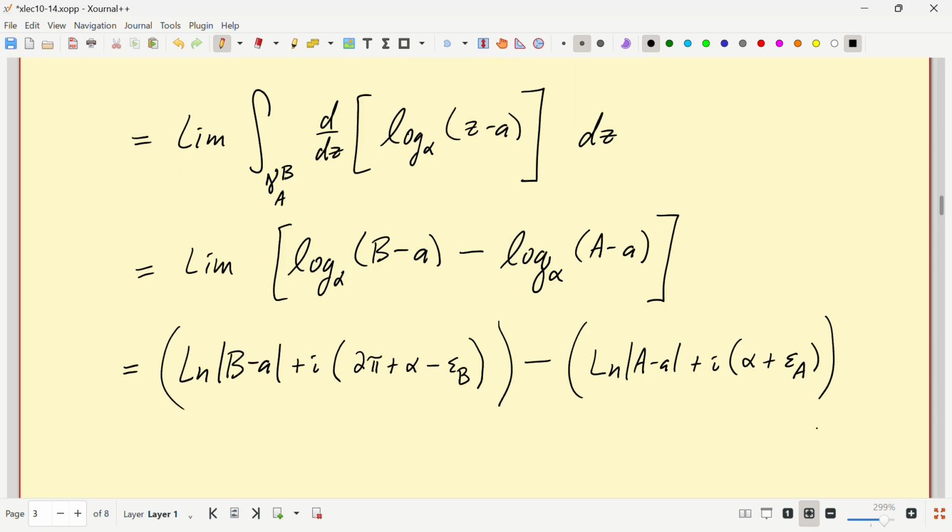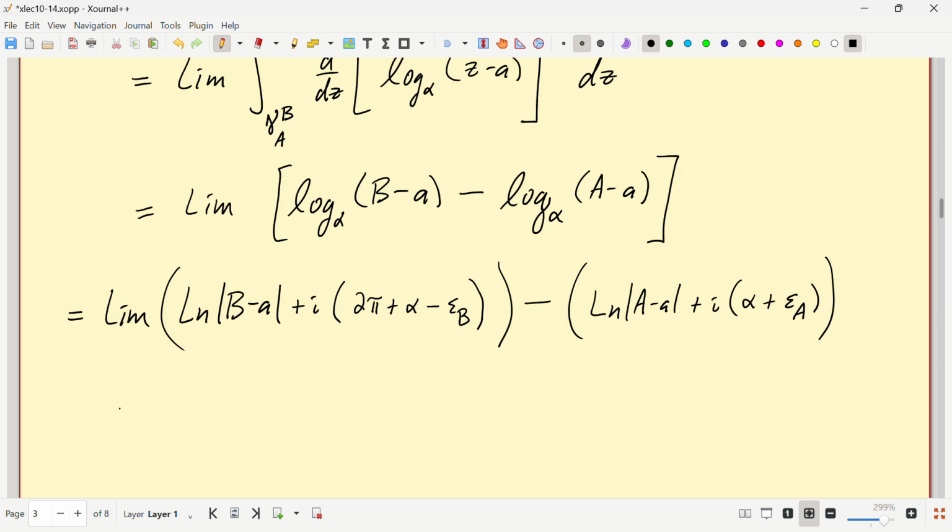And in the limit, I should leave the limit here. As those slide, of course, B and A tend to the same point. So those ln terms cancel each other, and those little epsilons tend to 0, and I'm left with 2 pi plus alpha minus alpha.